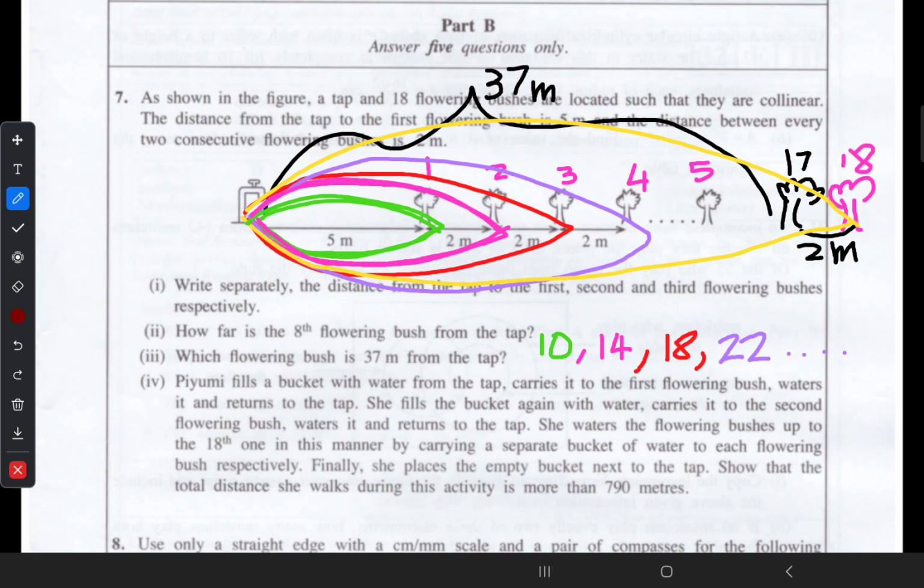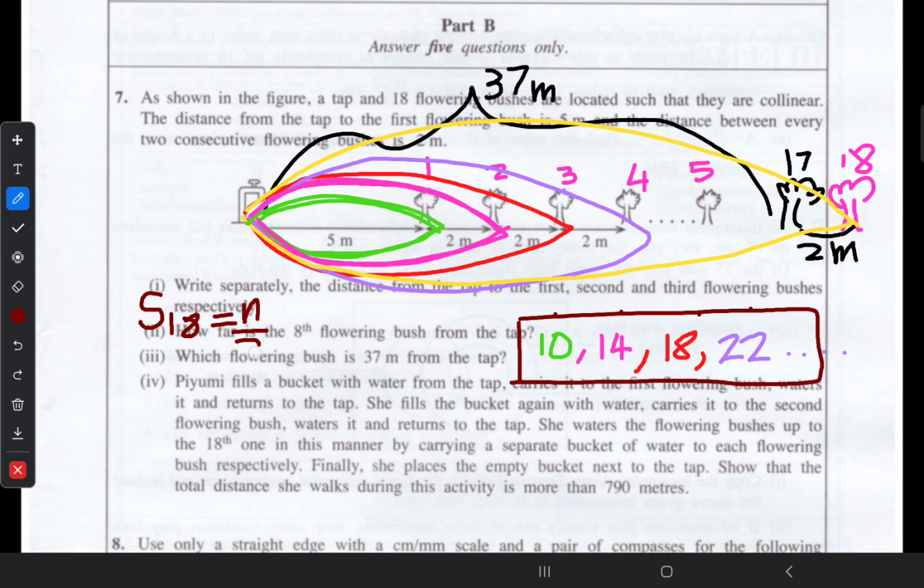So totally there are 18 plants. This is T1, T2, T3, T4. Likewise, we have to find S18, the sum of 18 terms of this particular progression which Piyumi is using. So by using that, let's find S18.